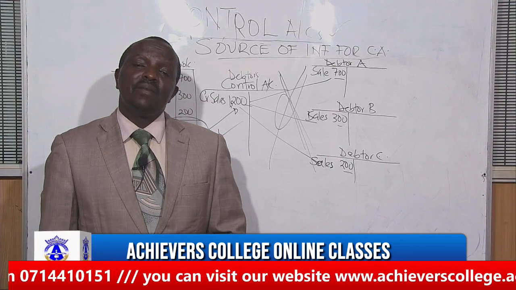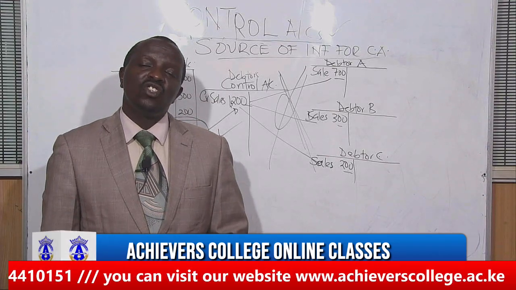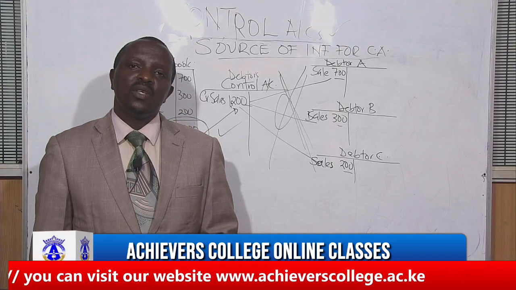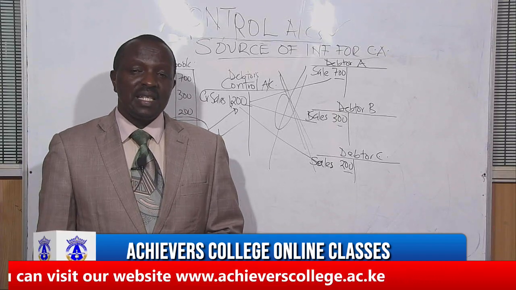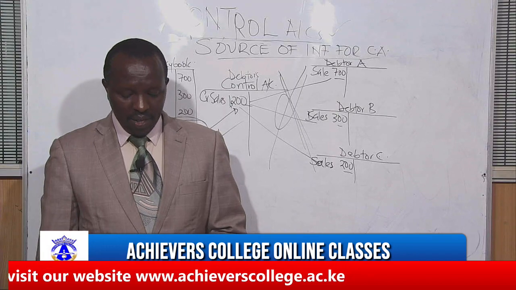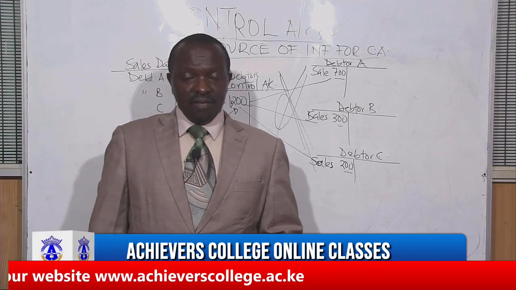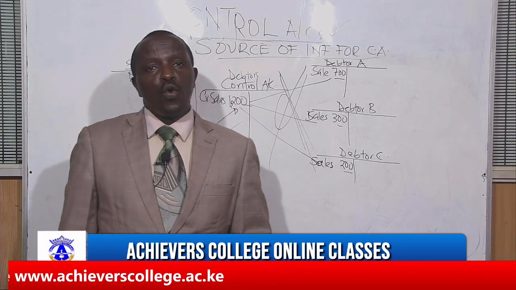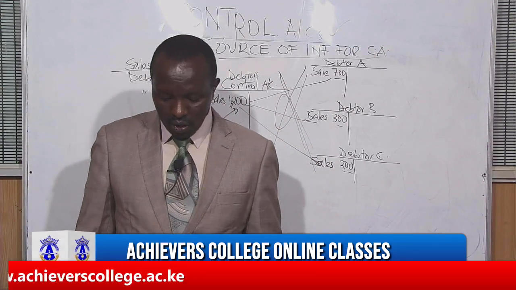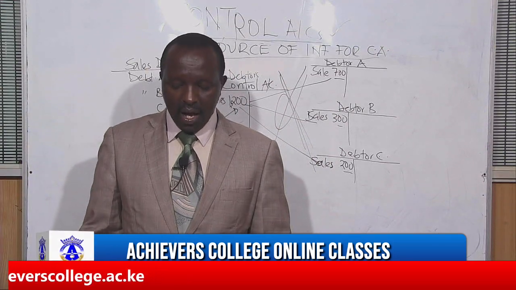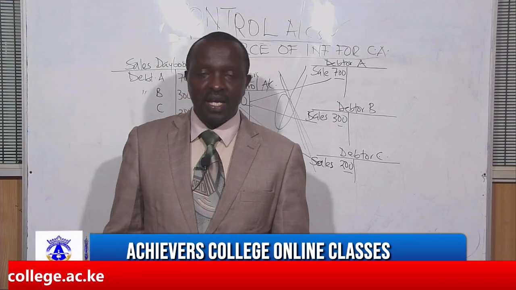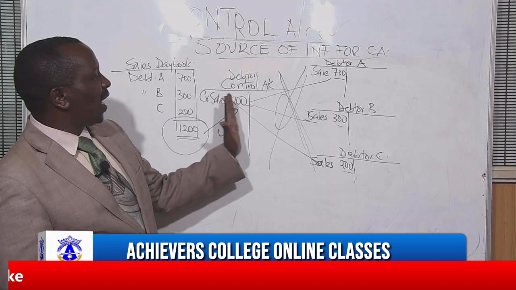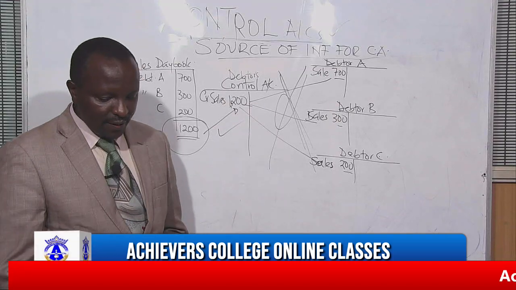The goods that have been returned or any overcharge, you get it from the sales returns or returns inwards journal, returns outwards journal, and the cash book, for you to know who is buying from you. In short, that is how we are able to get the information for drawing control accounts. That is it.